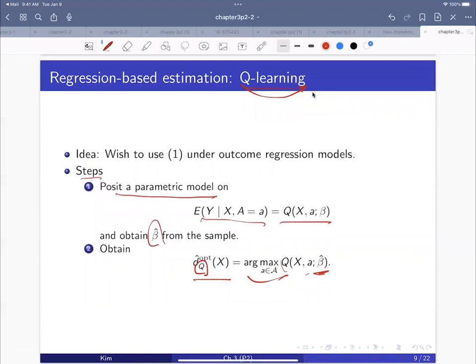The only thing that may deserve discussion is that even though this Q-opt X is a function of beta, because you use beta hat, it is a non-smooth function.